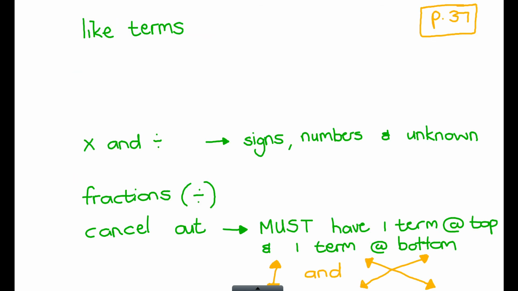Okay, right. So now we are busy with like terms. That's on page 37 in your textbook. Now, what are like terms? Okay, but when we call those letters, we call it?